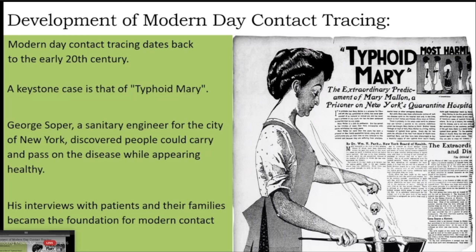It was George Soper, a sanitary engineer for the city of New York, who discovered people could carry and pass on the disease while appearing healthy. His interviews with patients and their families became the foundation for modern contact tracing.